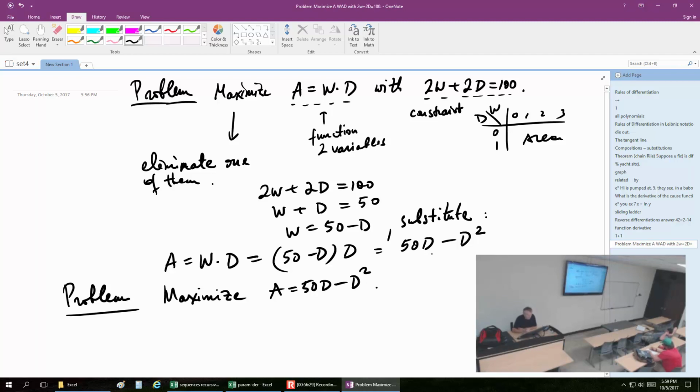At this point, you can think of A as a function of d, one variable, right? It's a quadratic formula. Let's start to solve it. So it's quadratic. What does it tell us?